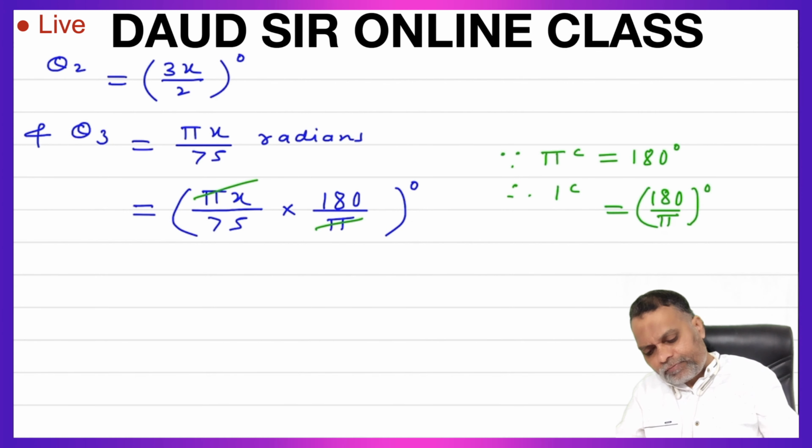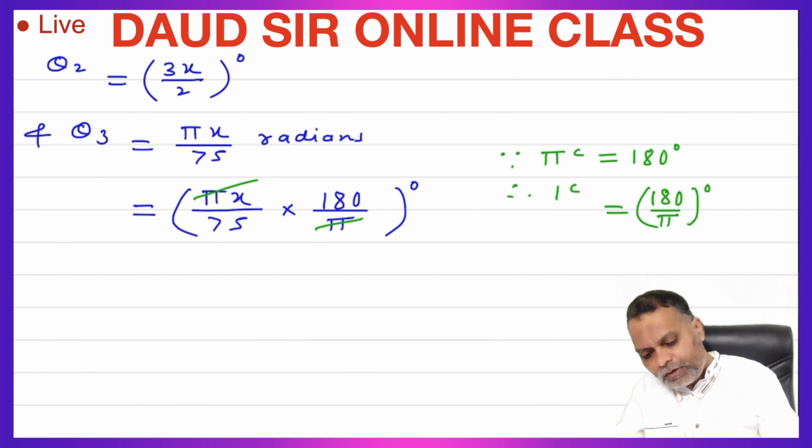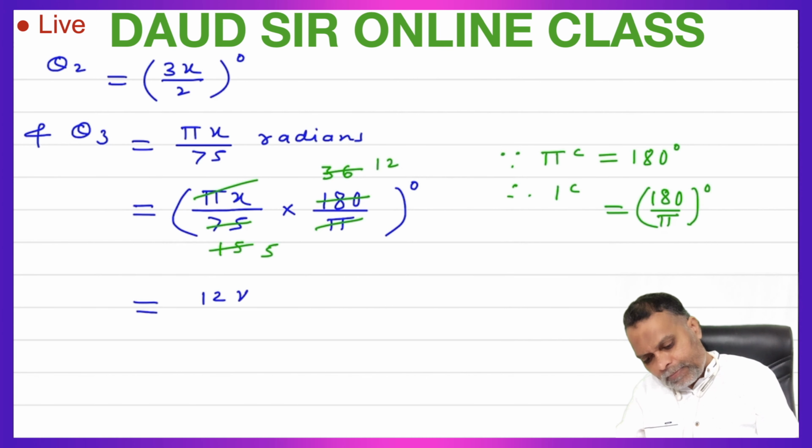Pi cancelled. Cancel this by 5. 5 1s are 5, 5 5s are 25, 5 3s are 15, 5 6s are 30. Again by 3. 3 5s are 15, 3 1s are 3, 3 2s are 6. So this is 12x upon 5 degrees.